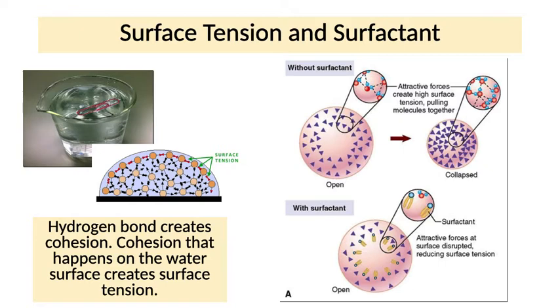So how does this explanation about surface tension explain the need for surfactant inside the alveoli? You can see the diagram on your right side. The top part says without surfactant. The alveoli is wet, moist, with water molecules.